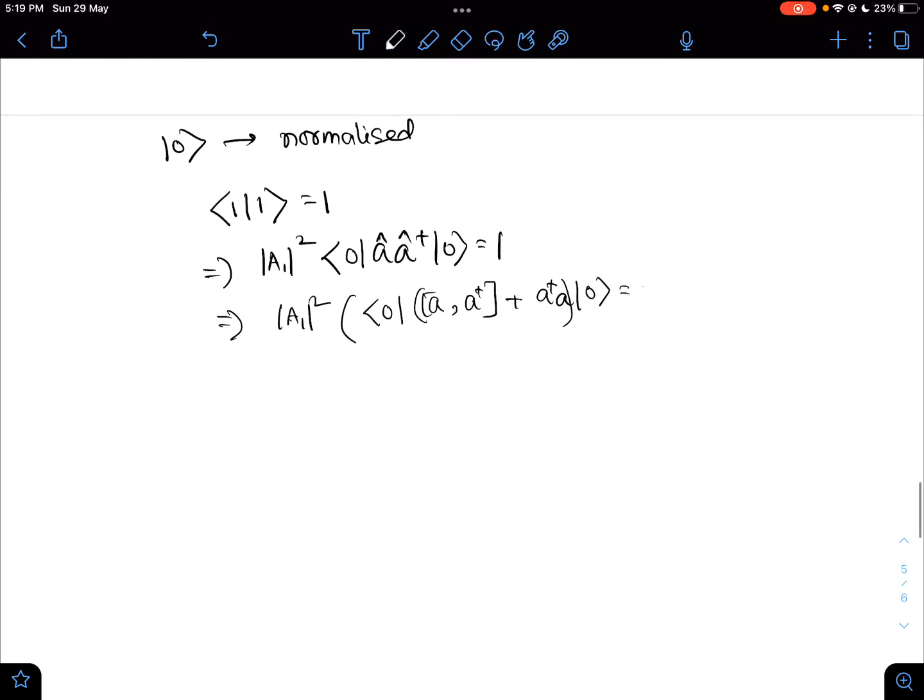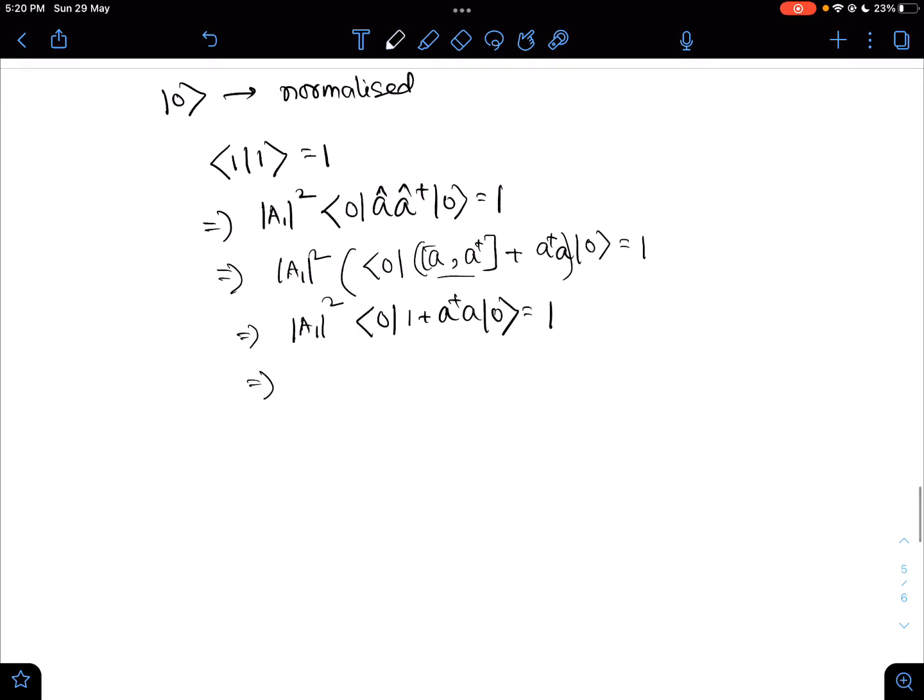So a_1 squared <0|(1 + A dagger A)|0> should be 1, and A|0> will give us 0, so we get a_1 squared <0|0>. So we can see that if the |0> state is normalized, then the first excited state is also normalized.